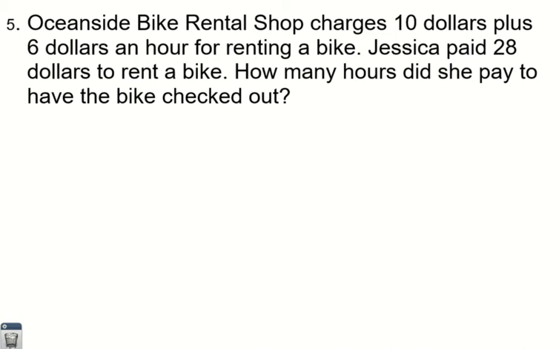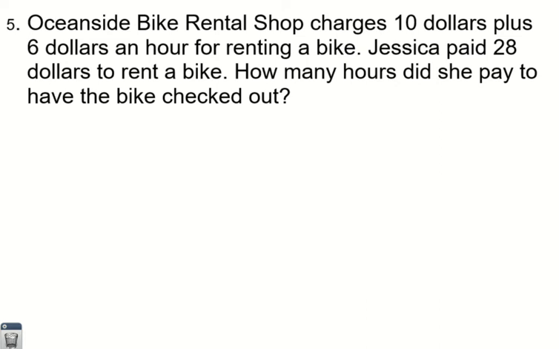Now, I know you guys are probably smart enough to work this backwards even in your head, to figure out this very simple question of how many hours did Jessica have this bike if she ended up paying $28 total. But we're going to practice our equation writing skills and our variable assigning skills.